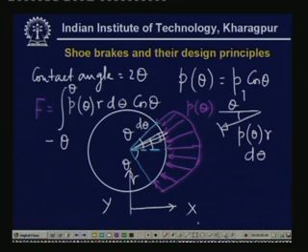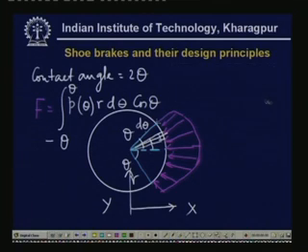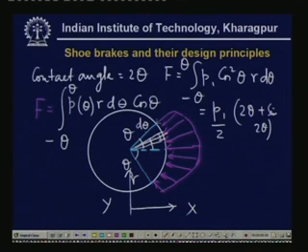Now if you make this integration, then F is equal to the integral from minus theta to theta of P1 cosine square theta r d theta, and this becomes P1 by 2, then 1 plus cosine 2 theta, so 2 theta plus sine 2 theta, times r. So this is the value of this integral.